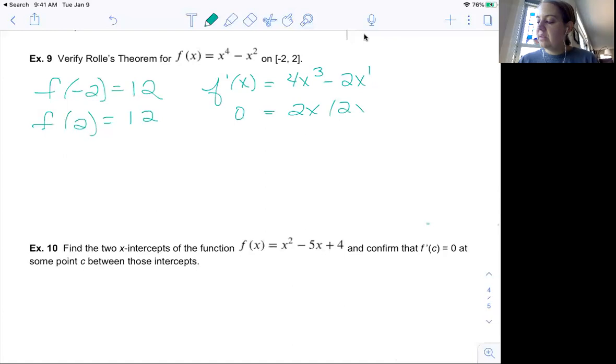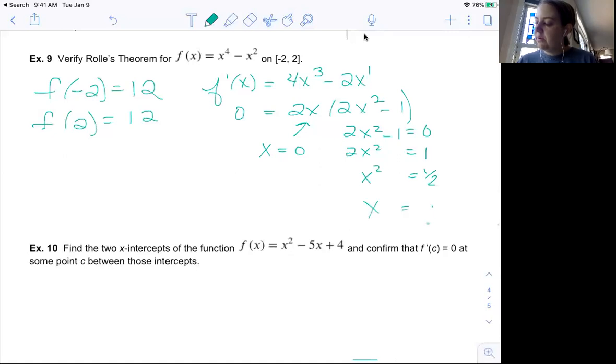So here's 2x squared minus 1. Now, in this case, I factored out an x. That means 0 is a solution. Over here, 2x squared minus 1, we set that equal to 0. 2x squared equals 1. X squared equals 1/2. X is equal to plus or minus the square root of 1/2.